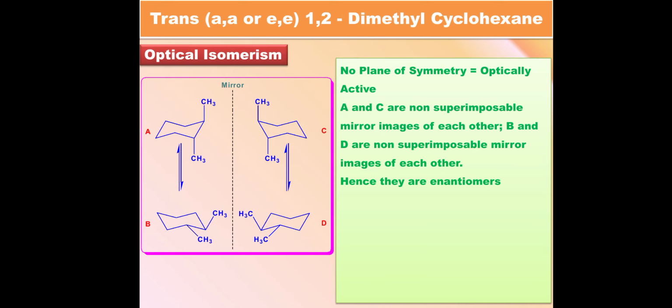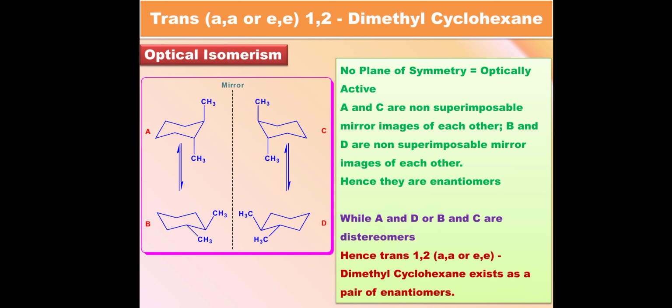Also, B and D are non-superimposable mirror images of each other, and they are enantiomers. While A and D or B and C are diastereomers. Hence, trans 1,2 diequatorial or diaxial 1,2 dimethyl cyclohexane exists as a pair of enantiomers.